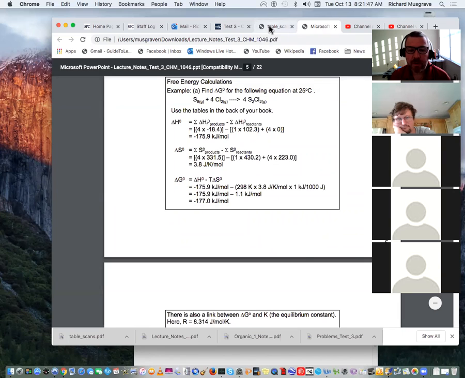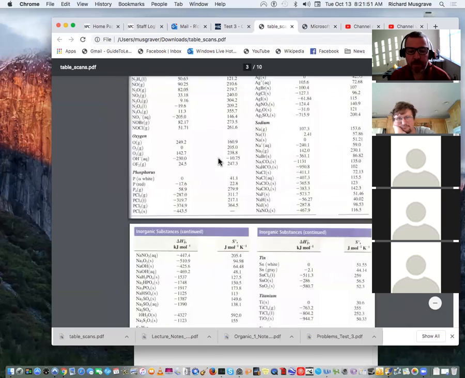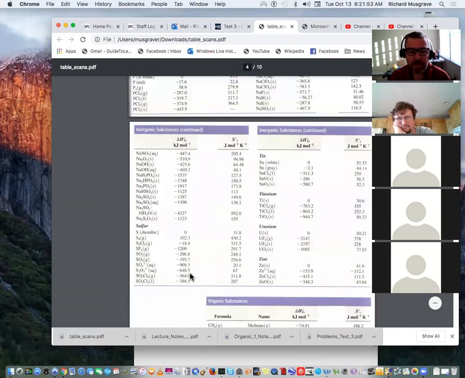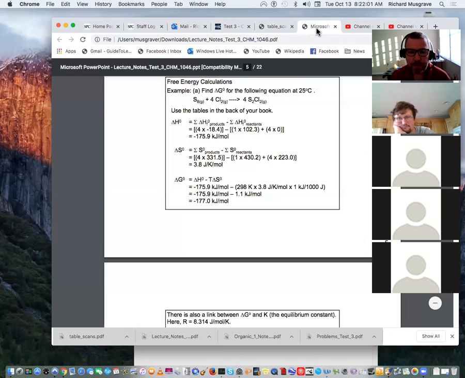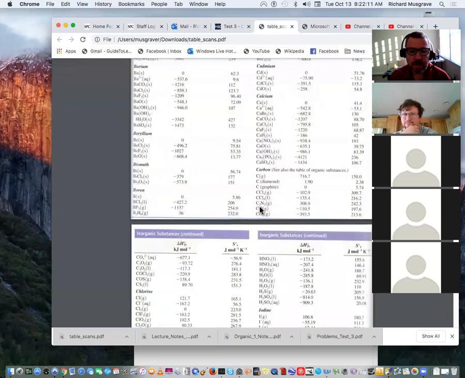And those are just values that are taken off the table. So let's have a look here. Sulfur, see we've got S2Cl2 somewhere here. Here it is, S2Cl2, negative 18.4. The S8 gas, that's there as well. And the Cl2 is back in chlorine.